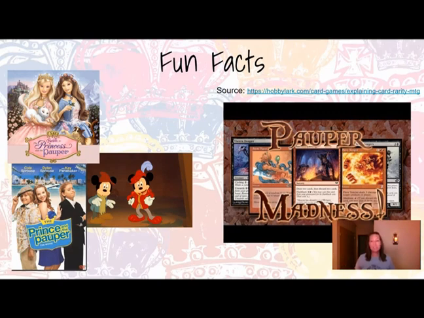Even though they're not necessarily better, they tend to be a little bit more complex and a little bit more powerful to use. So the pauper form of the game does not allow any of those higher rarities, just the common ones. I guess the connection that you could see there is that it would be a less expensive way to play the game because you're not paying for those more expensive cards.